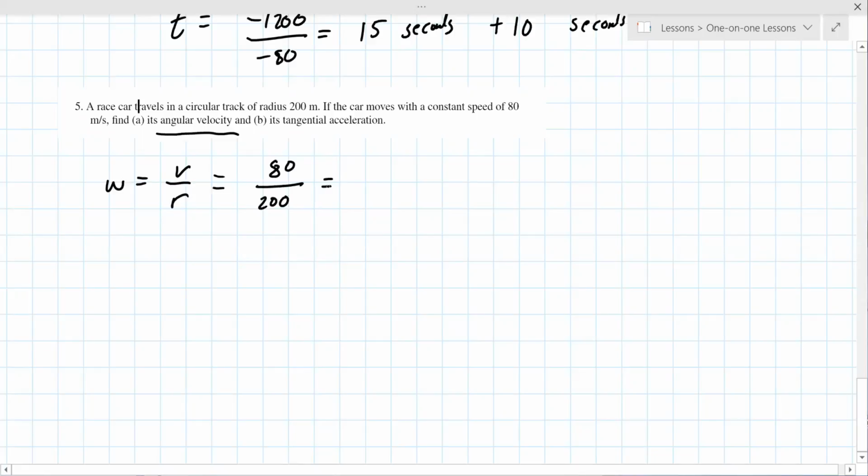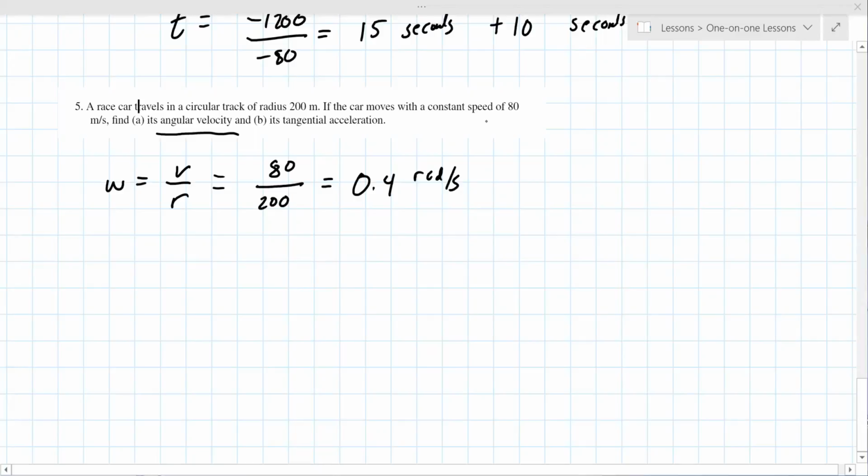That is your W for that, 0.4. Let's check. Is that right for question 5? Yep, 0.4 radians per second. Okay. And then it's tangential acceleration.